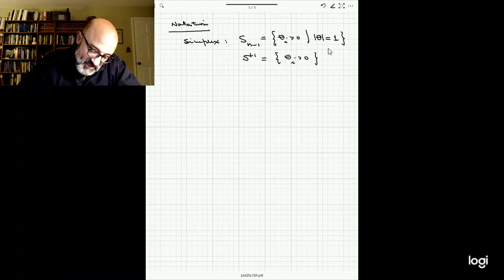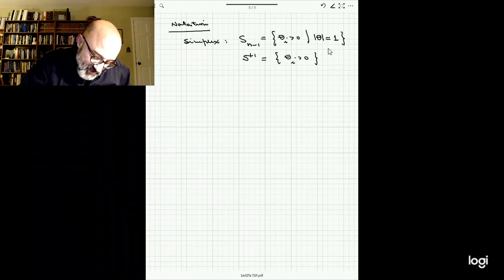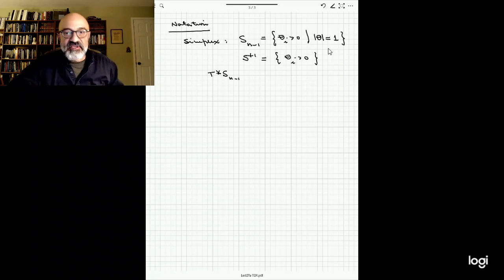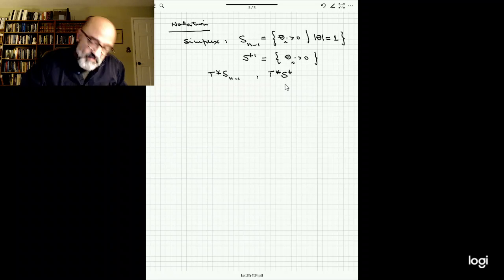And then we said it's a good idea to figure out the cotangent bundles associated to these. One of them is the cotangent bundle associated to the simplex, which is the one that we were interested in. And the other one was the cotangent bundle associated to the embedding space.